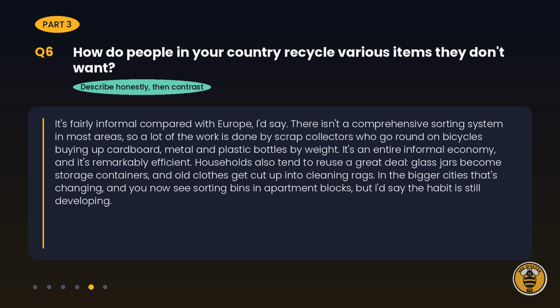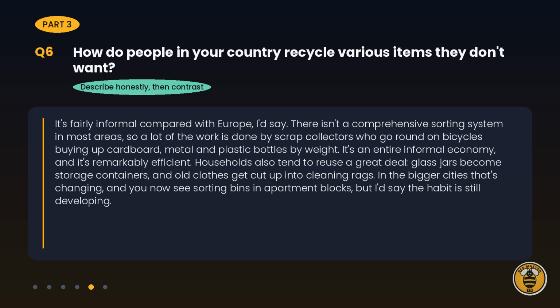Question 6. It's fairly informal compared with Europe, I'd say. There isn't a comprehensive sorting system in most areas, so a lot of the work is done by scrap collectors who go round on bicycles buying up cardboard, metal and plastic bottles by weight. It's an entire informal economy and it's remarkably efficient.